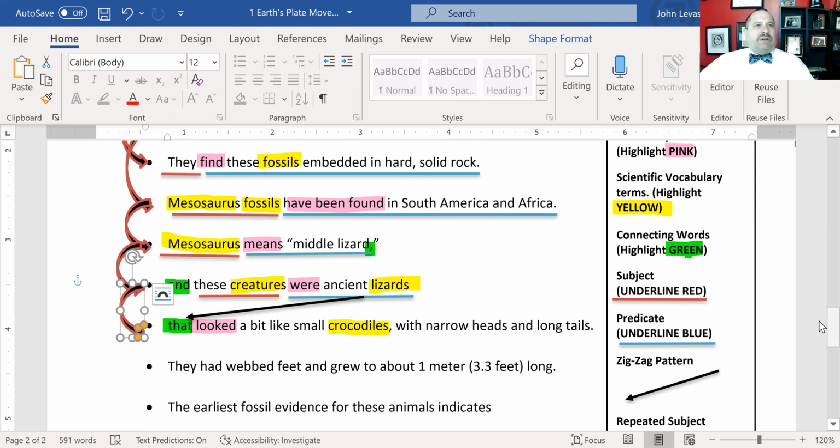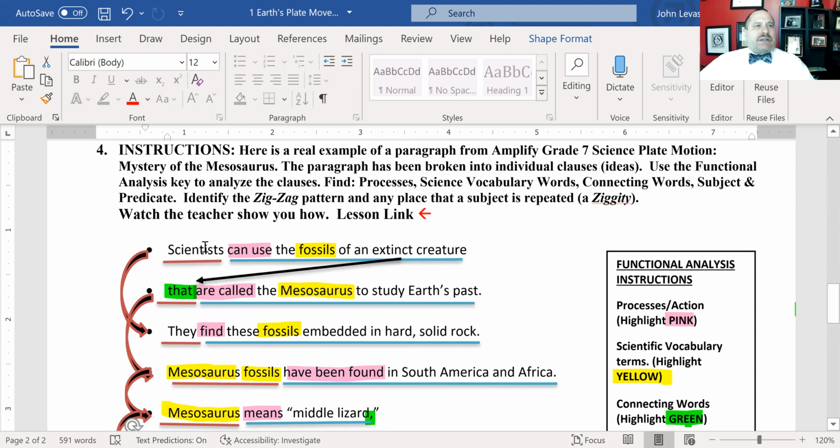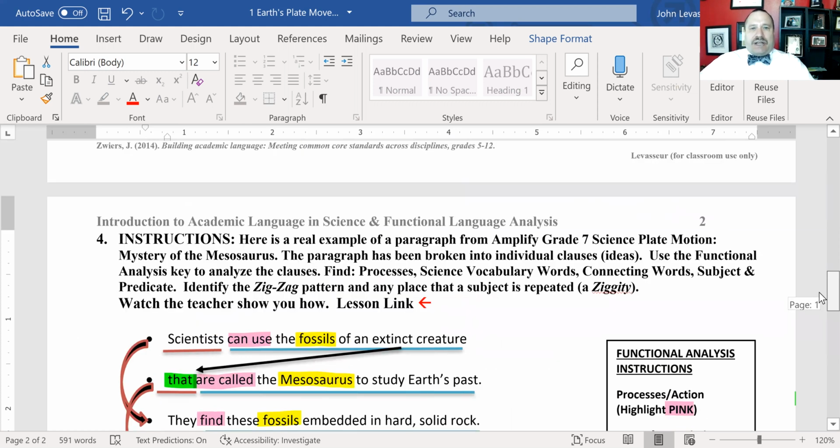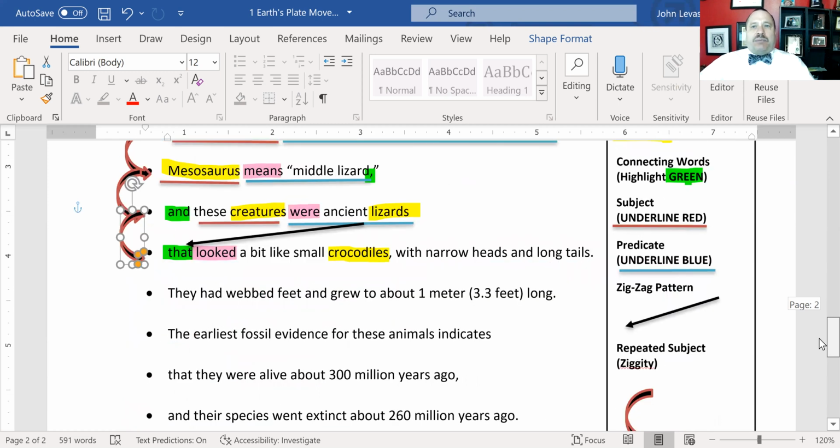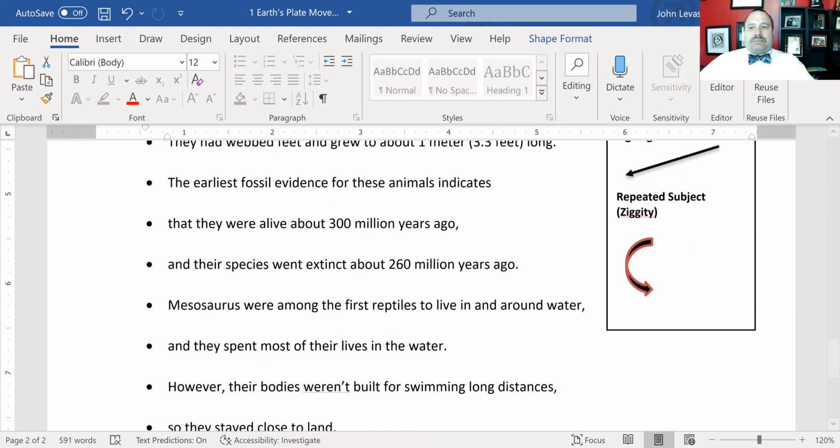And up above, scientists. And we repeat that subject again here, where they use they. So by analyzing science text, we can come to a deeper understanding of what this text is talking about, because it really allows us to dig into how the people have written this text, and that allows us to gain a deeper understanding of the information.